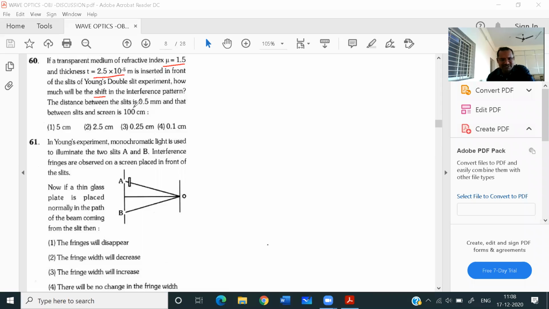The distance between the slits is 0.5 and between slit and screen is 100. So they have given the mu value as 1.5, and the thickness also they have given as 2.5 into 10 to the power of minus 5 meters.